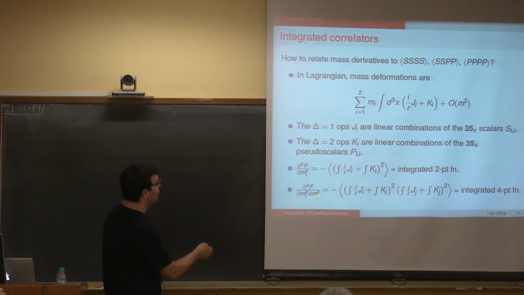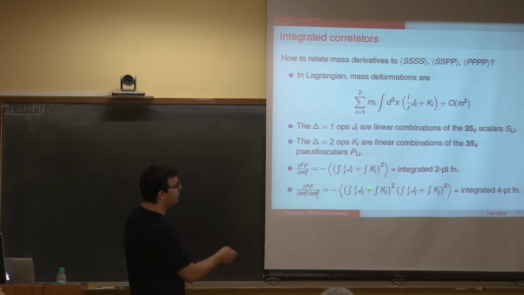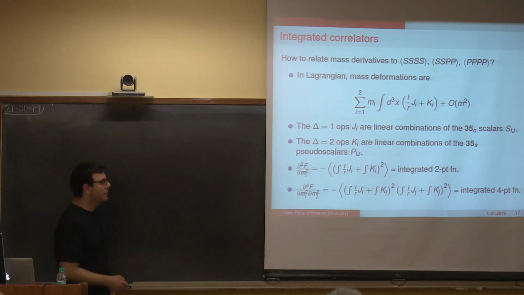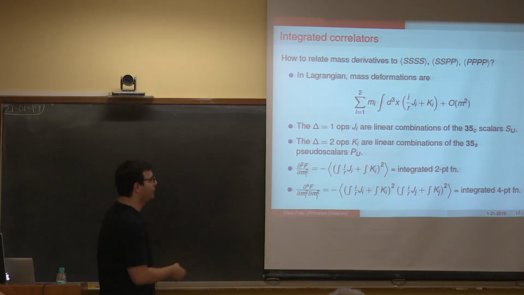If we take four derivatives with respect to the mass, we get the integrated four-point function of this operator. We know that J's and K's are related to the S's and the P's by group theory, so we know that relation. We just have to plug it in and evaluate these integrals.